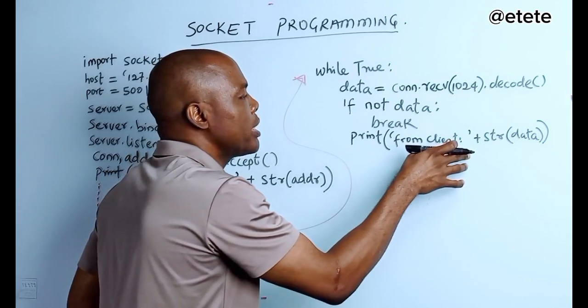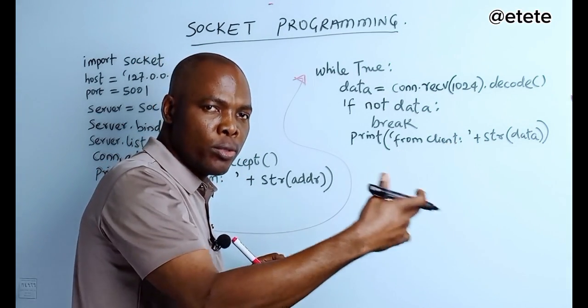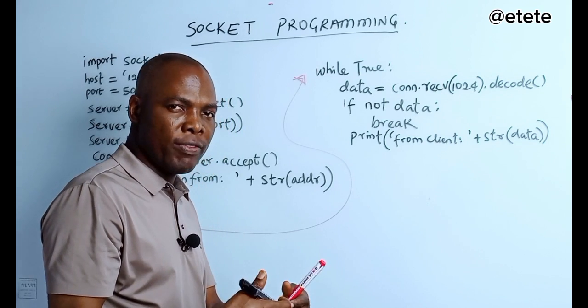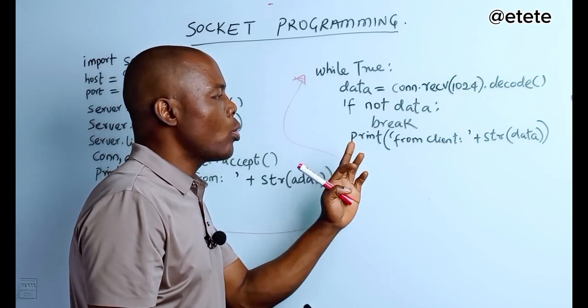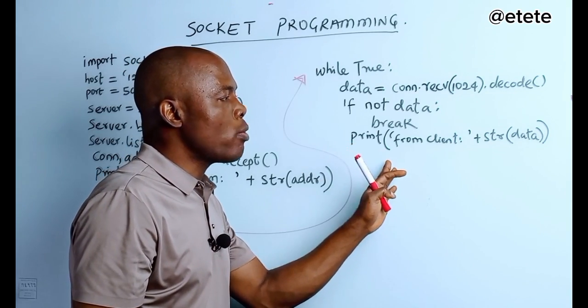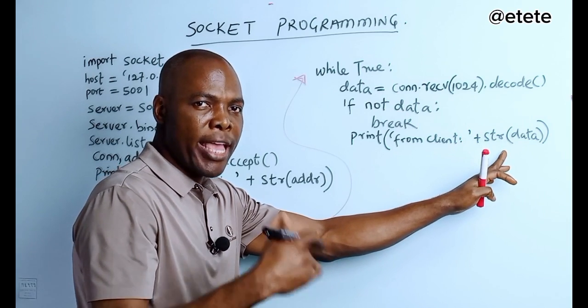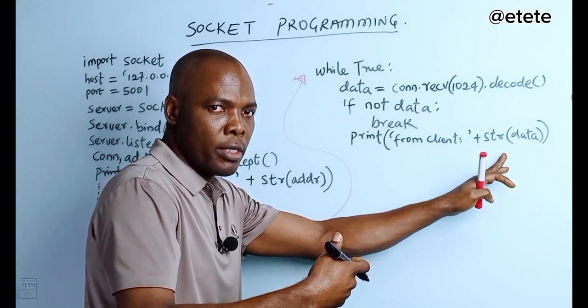Now, once you print it out on the screen, it is expected that the server is going to respond to that client, like your WhatsApp. Somebody sent you a message, you receive the message, and then you respond back by typing. So once this is printed on the screen, I want something else to be displayed, expecting the person controlling that server to input the response, right?